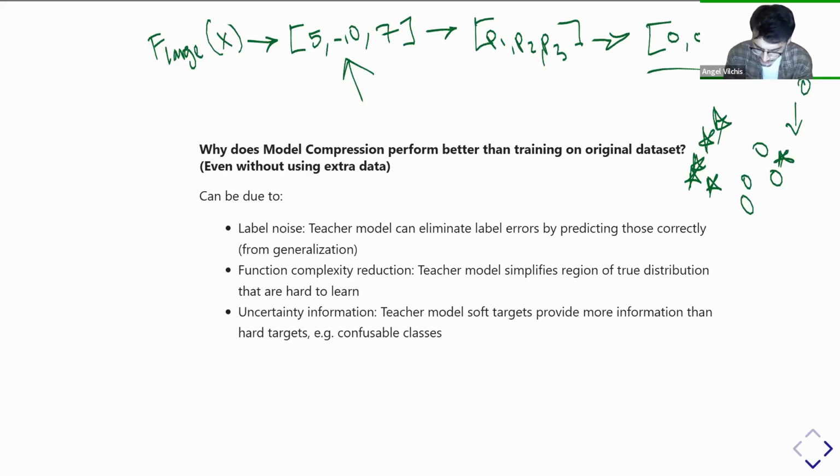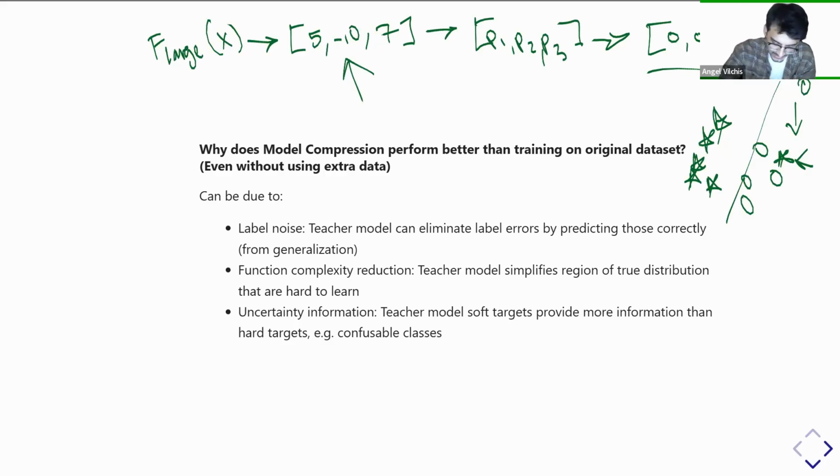Well, the function the large model will learn will look something like this. And because of that, it would classify this closer to an O, and therefore, it would eliminate that label error.